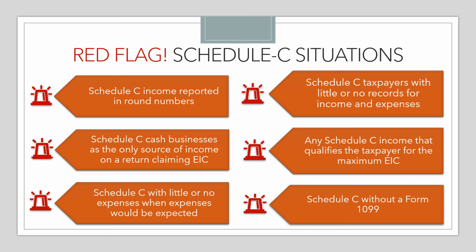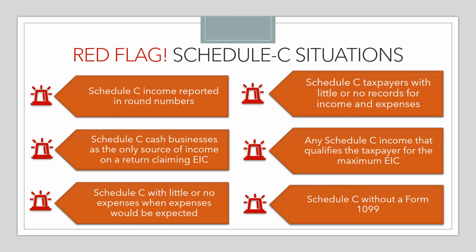Some of these red flag situations occur a lot more often when their return is also interacting with the earned income credit, because as you might remember from the basic lessons, the earned income credit is a refundable credit. So somebody can get money back more than what their tax liability had been in the first place. So it can be an area where there are more issues with tax fraud.